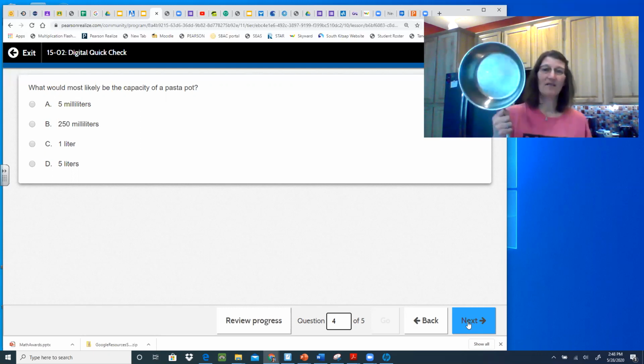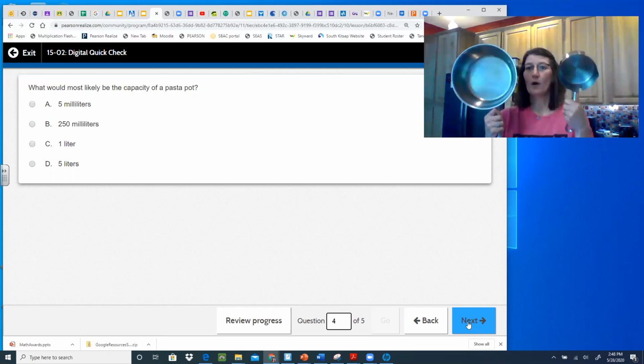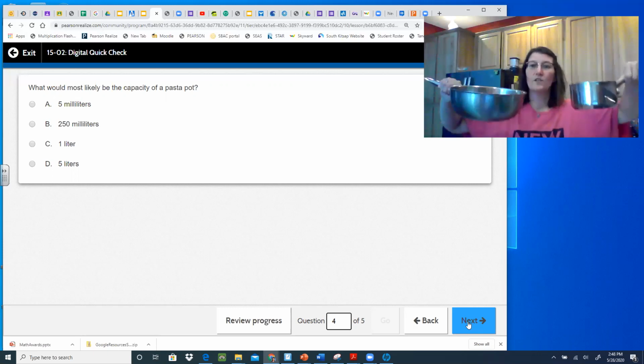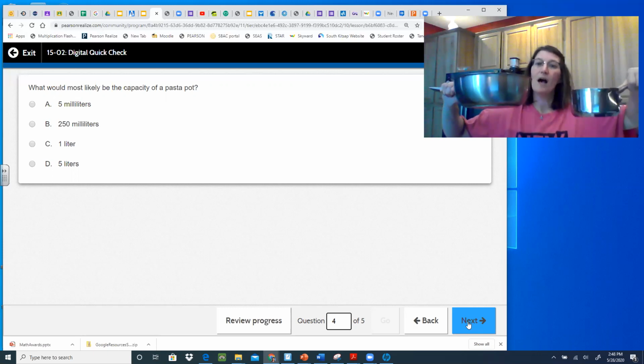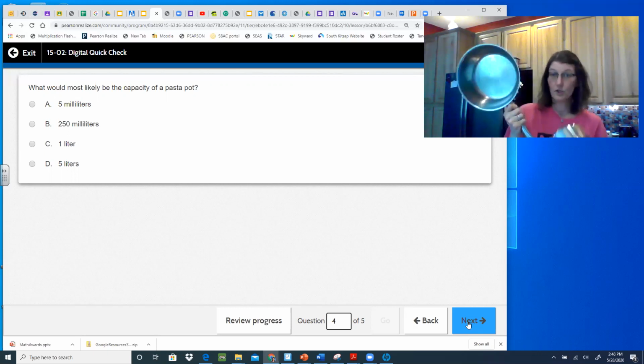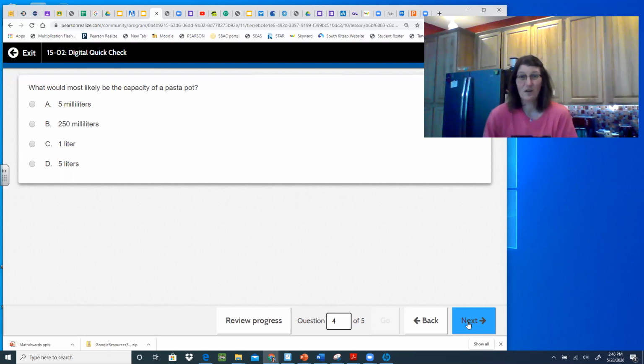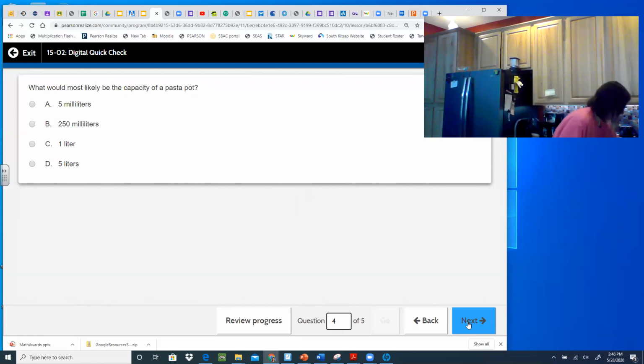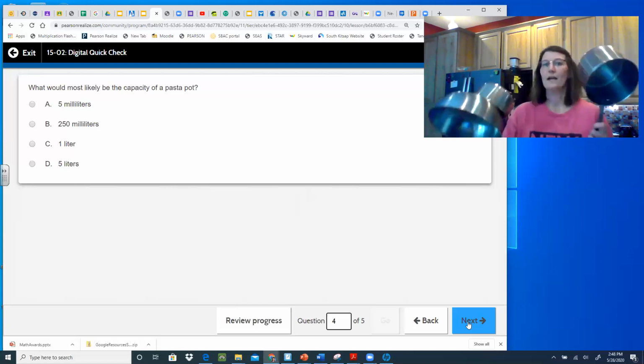I don't think this one's quite 5, but this one's probably close to 1. Which do you think, if you were to make pasta, that you would use? So I'm going to show you another one, and that's one that we make macaroni and cheese in. This one's our macaroni and cheese.